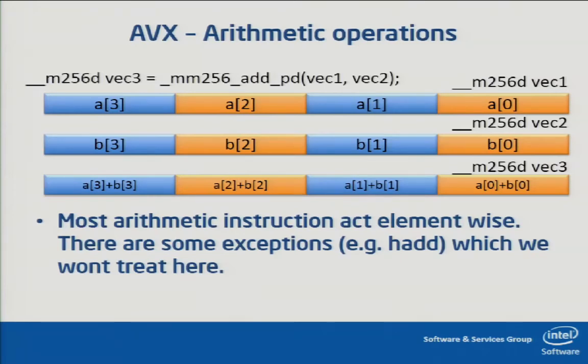So if you execute this add operation on two vectors, one containing the elements of field A, the other of field B, and you add them, you get a vector containing the sum of that. And it's just element by element. And this works for most of the operations. There are some exceptions like horizontal add, which don't do that.